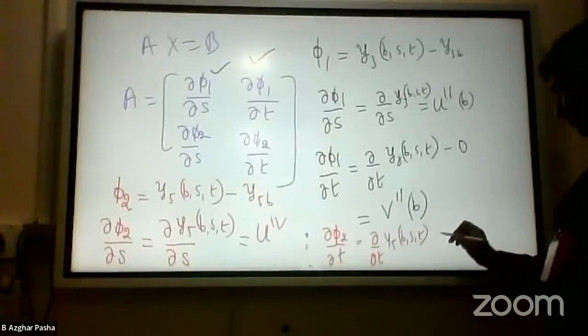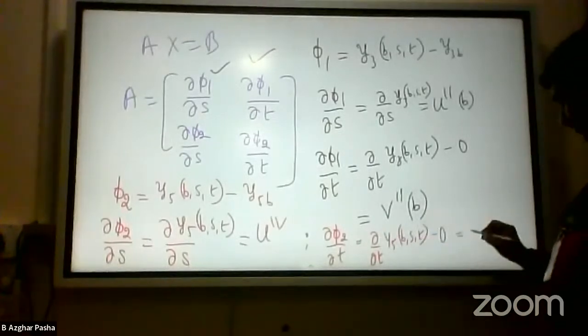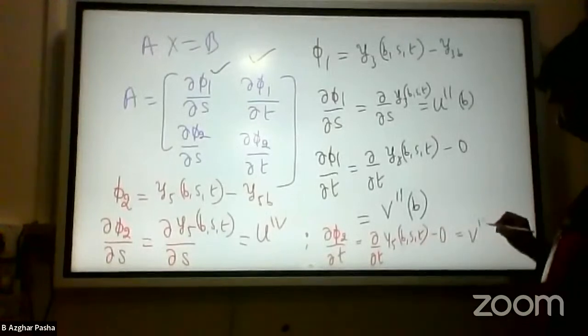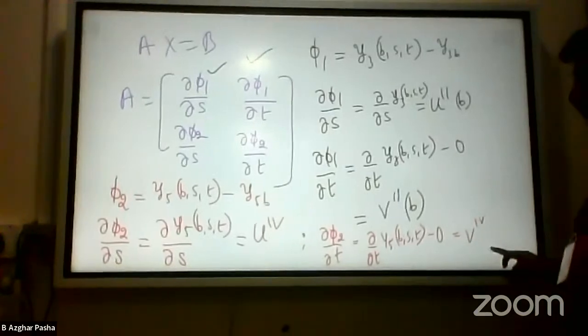That other part is 0, constant. So the derivative with respect to t associated with b: the number is 5, so the power is 4, fourth order. So I can write capital A now, the A matrix.